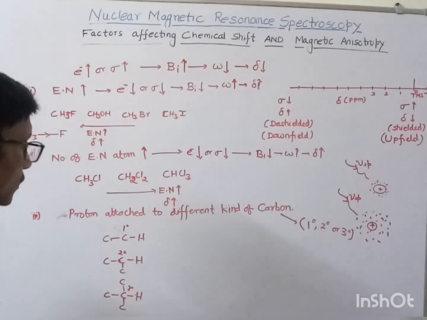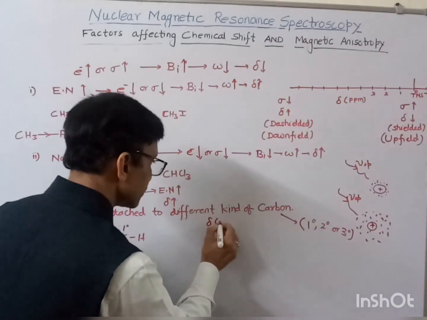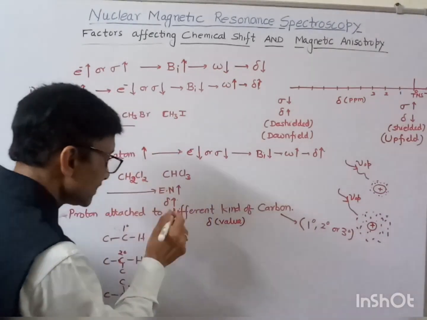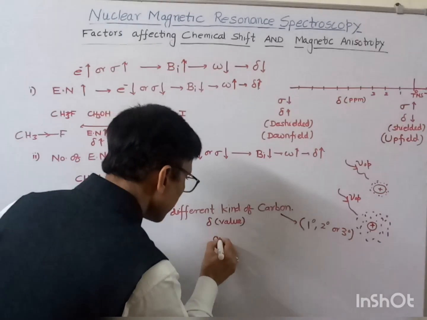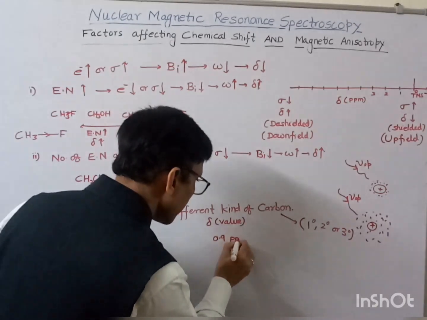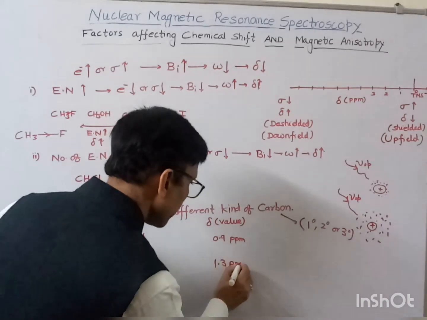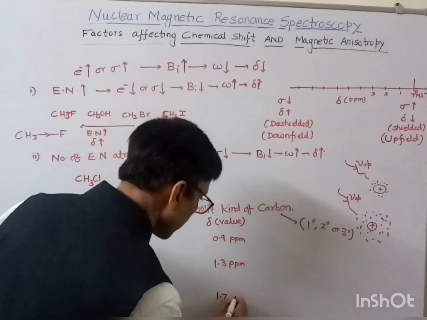Okay. So what about the delta value in this case? The delta value is 0.9 ppm here. Here the delta value is around 1.3 ppm. Here the delta value is around 1.7 ppm, like this.